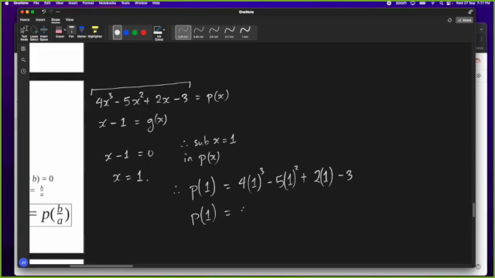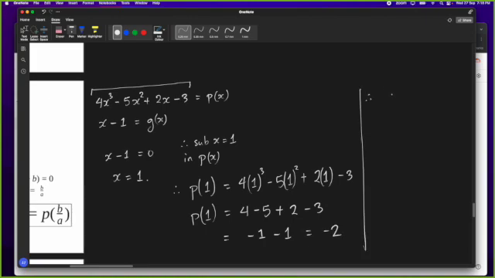is 4 minus 5 plus 2 minus 3, and we can see the associative law rearing its ugly head here. I'm going to go 4 minus 5 is negative 1, and 2 minus 3 is negative 1. So did you guys get negative 2?